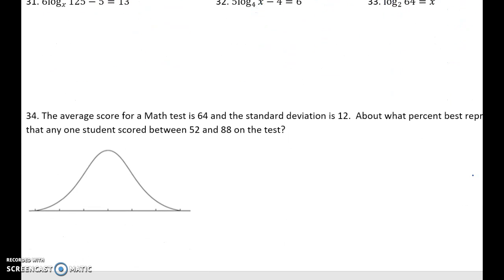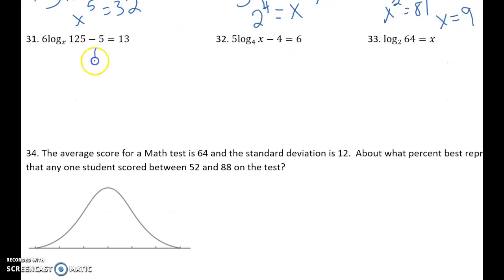All right, so 31, it's a little more complicated. I'm going to add 5 both sides first. So then I got 6 log base x of 125 is equal to 18. Because 13 plus 5 is 18. Divide by 6.